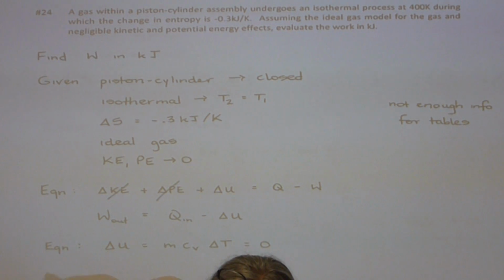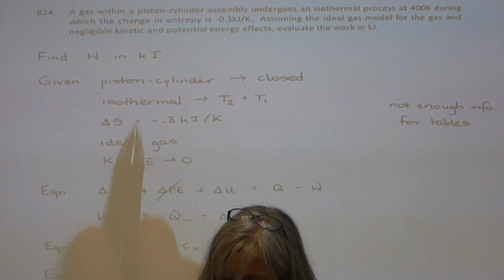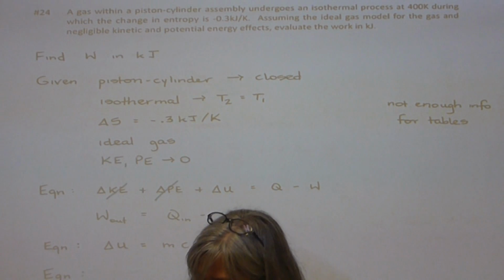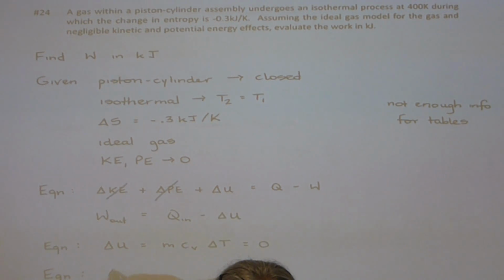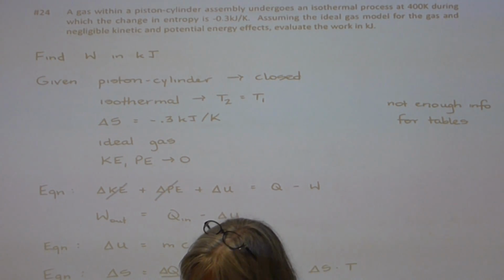And then now we need to figure out an equation that relates heat to anything else on the list. And the only other thing on the list is change in entropy. So we do have this equation. We know that the change in entropy is equal to the change in heat divided by T. Or if we solve that for Q, we're basically going to get delta S times T. Well, we know delta S and we know T, so we're in good shape.